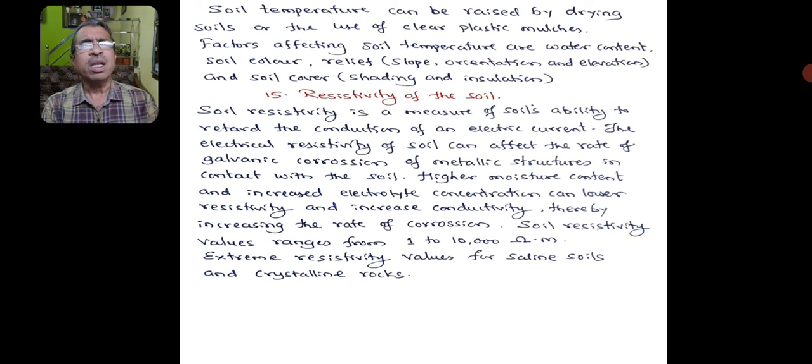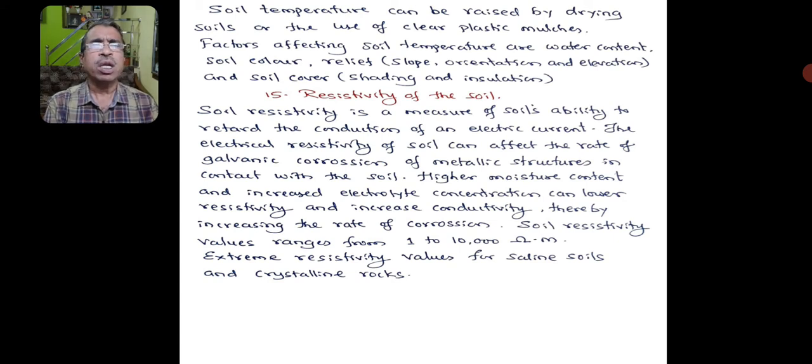Coming to the next one, resistivity of the soil. Soil resistivity is a measure of the soil's ability to retard the conduction of an electric current. The electrical resistivity of the soil can affect the rate of galvanic corrosion of metallic structures in contact with the soil.